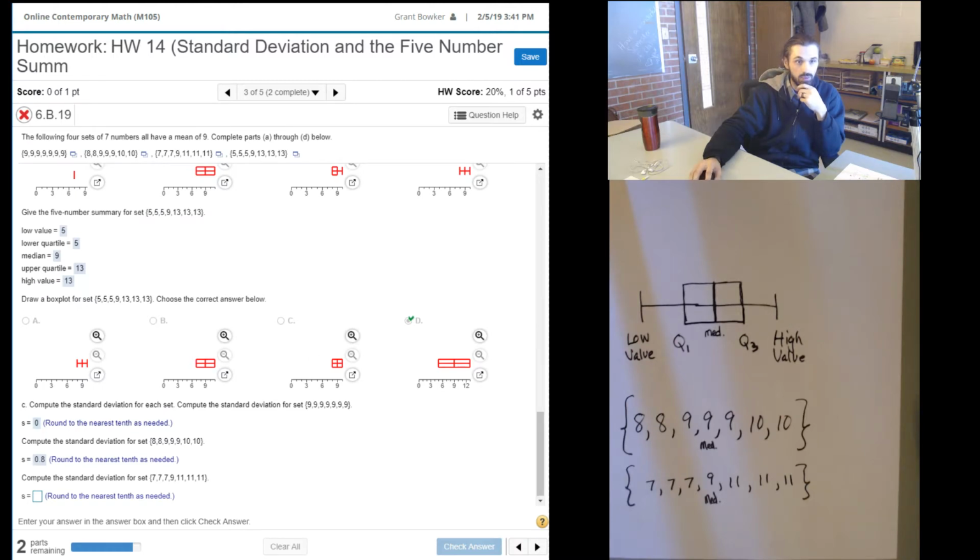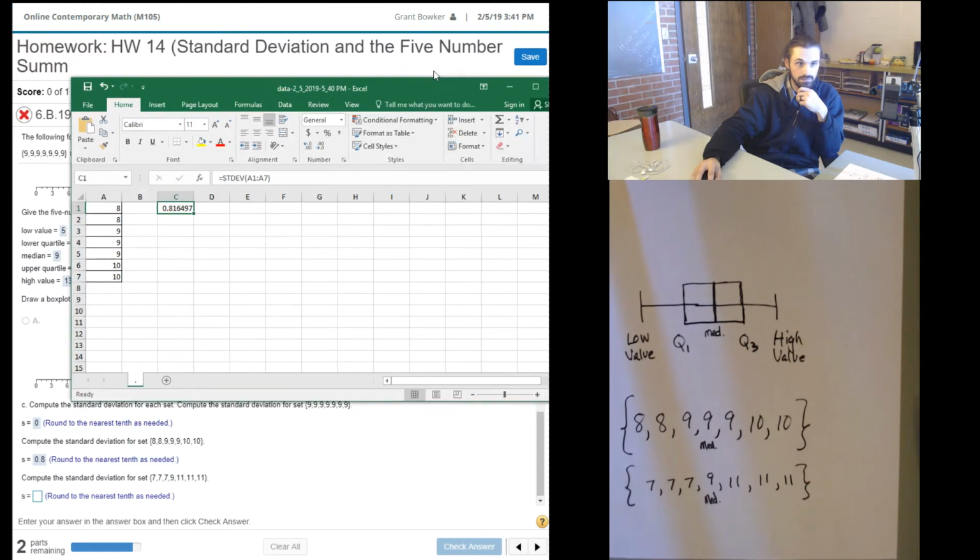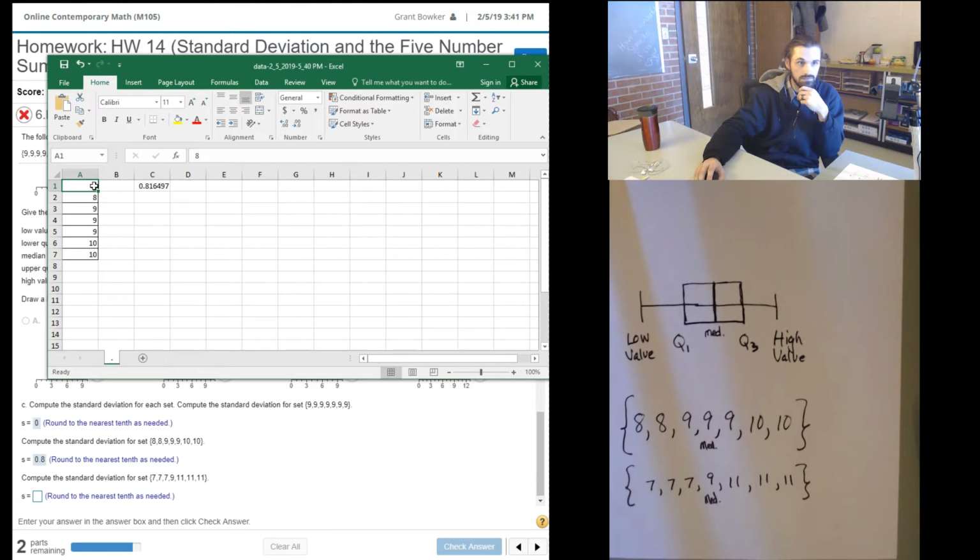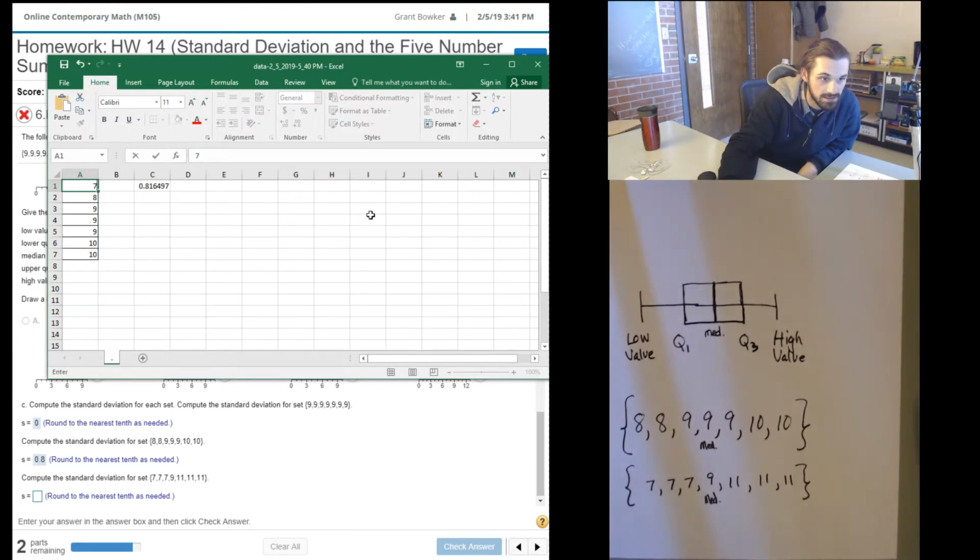So we can do the same process to find the standard deviation for this guy. You can open it up in Excel or simply change these entries to 7, 7, 7, 9, 11, 11, 11.